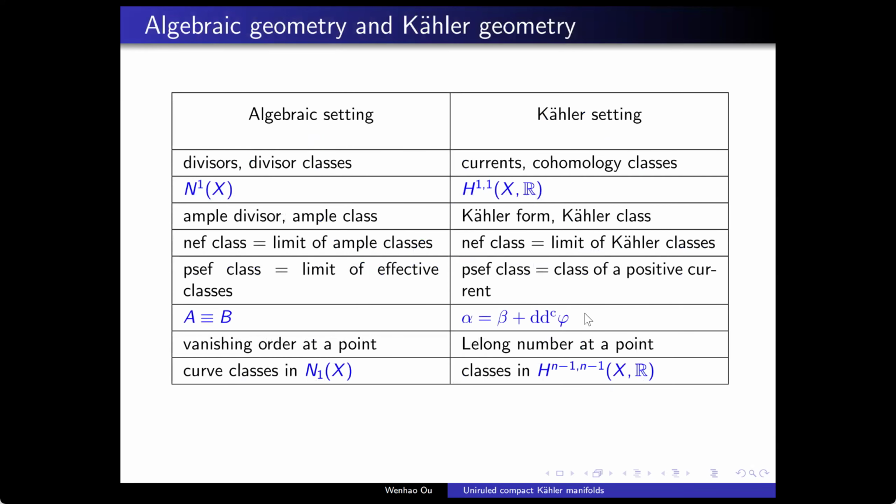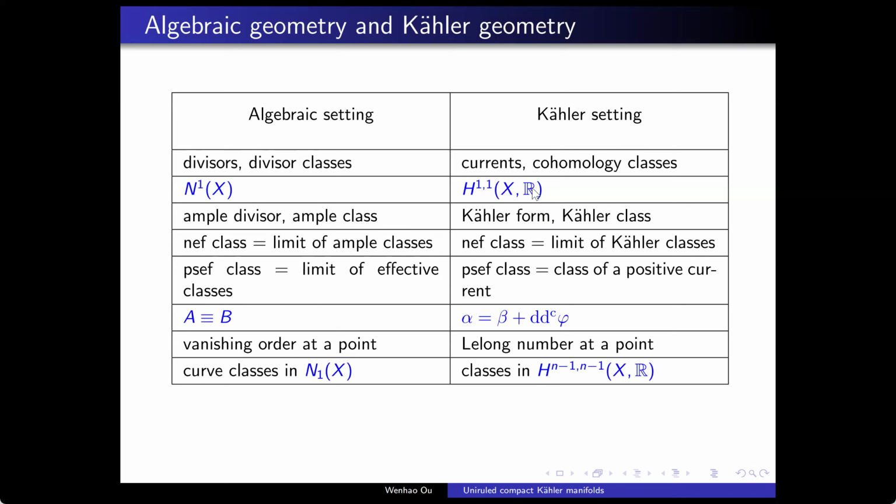So we can write a table here. In the algebraic setting, we consider divisors and divisor classes, and there is N^1(X), the vector space generated by numerically equivalent divisors, and there are ample divisors, nef divisors or nef classes, and pseudoeffective divisors or pseudoeffective classes.